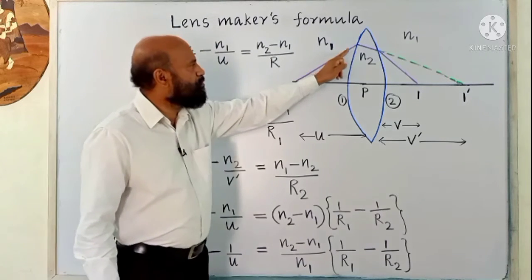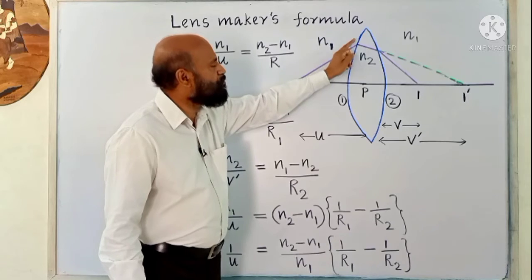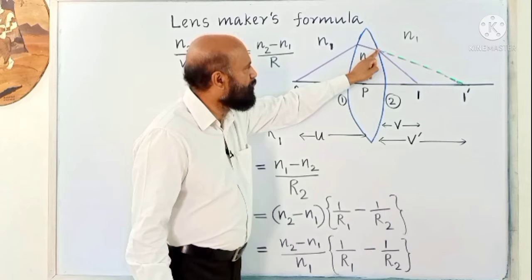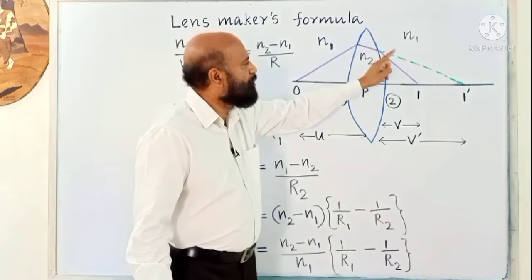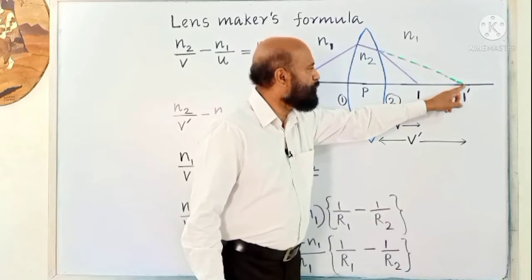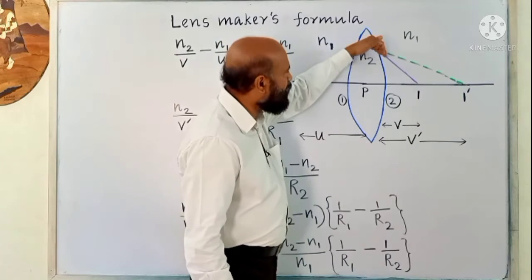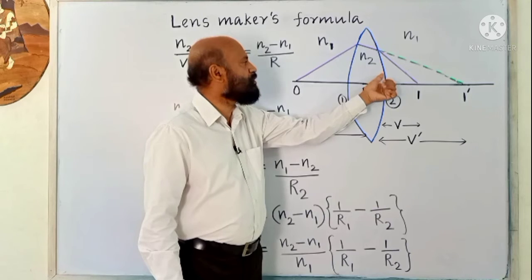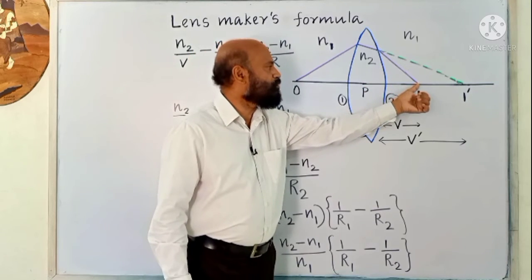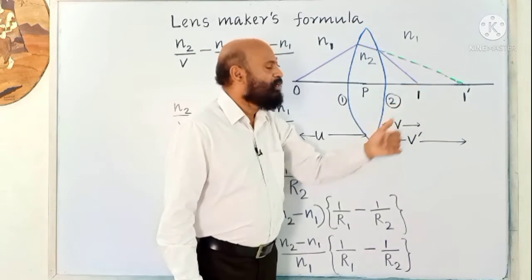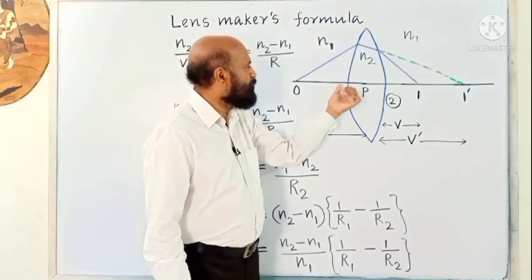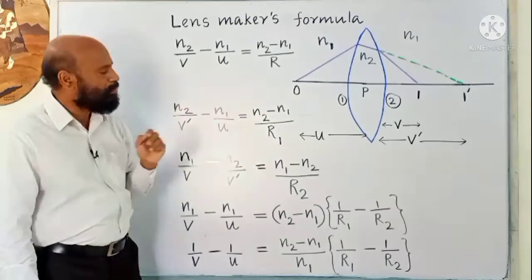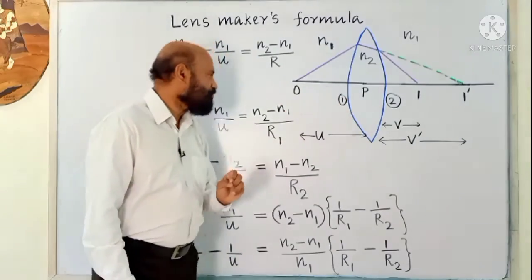Light from the object is incident on the lens and undergoes refraction, and its image should have been formed here, but before that it undergoes refraction again at the second spherical surface, and the final image is formed at I. This is the first surface and this is the second surface. Now we have to apply this formula for these two surfaces.